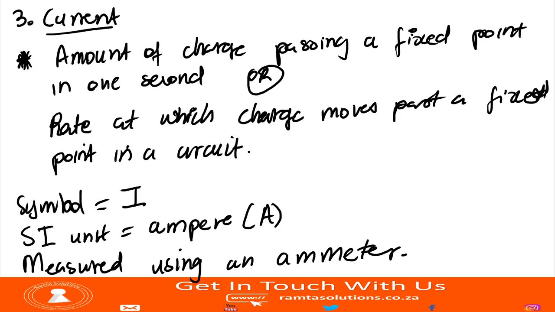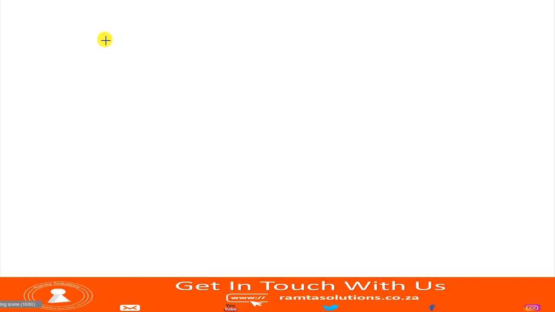Okay, so we can therefore have a definition or a formula. We said current is the rate at which charge moves past a fixed point.